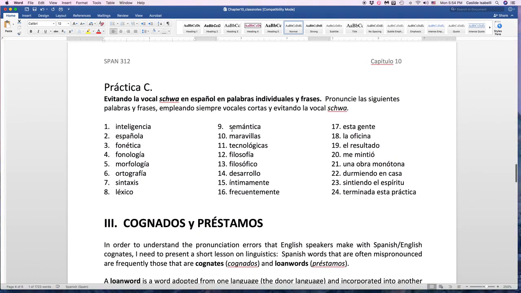Same with here. I have more practice. All the words are in Spanish. I'll read them out loud to you.